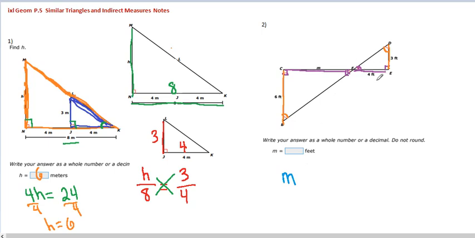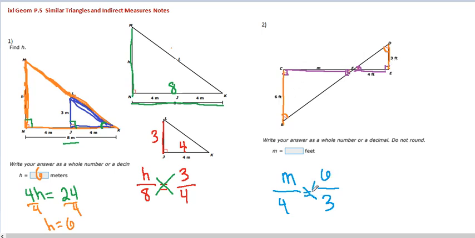This leg matches up with this leg, so I could say m to 4 equals 6 to 3. There are different ways to do it. I decided purple goes with purple, and orange goes with orange.